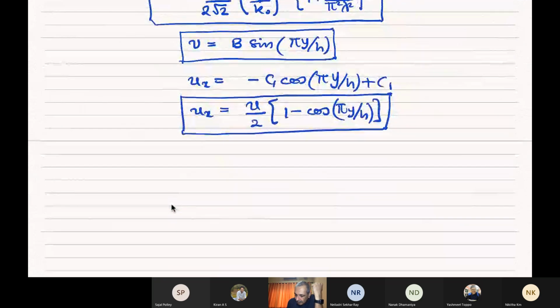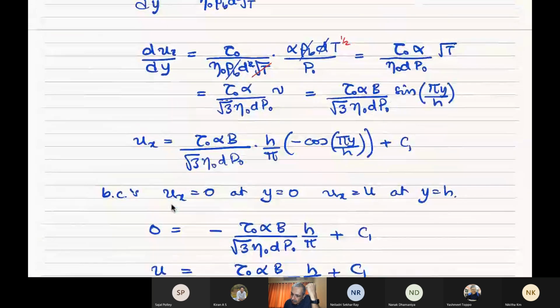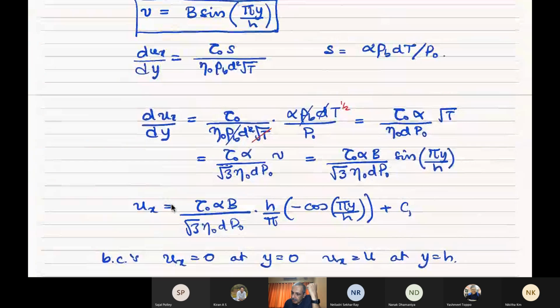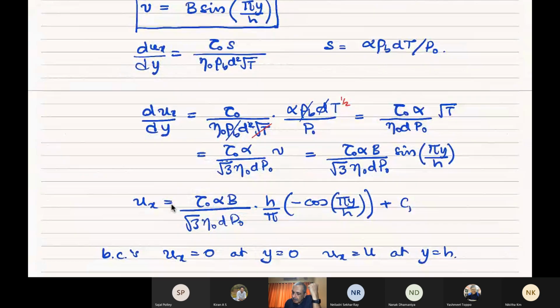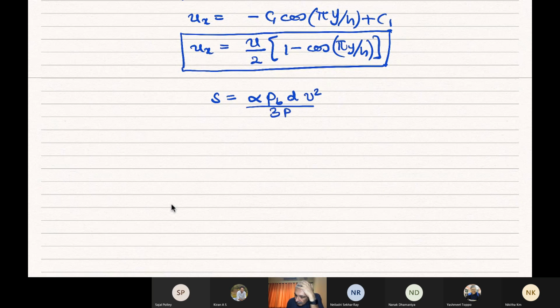I can write it down finally as S is just equal to alpha rho b dt by P0, now instead of T I can write down this as V squared by 3 P0.